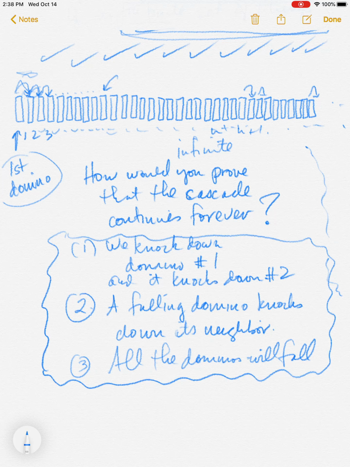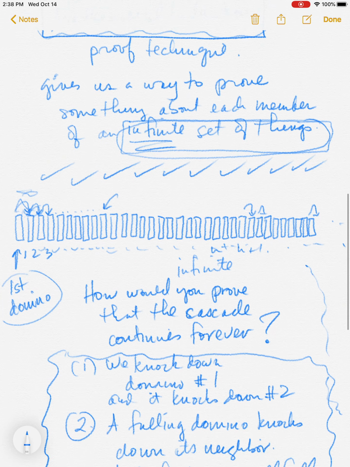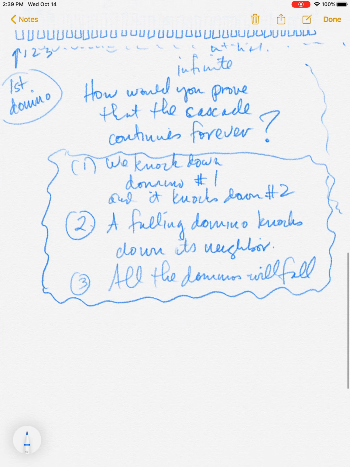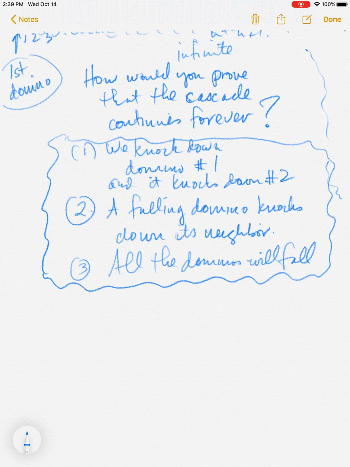Okay, and the components of a proof by mathematical induction, this technique that I'm talking about now, always has certain parts. Every proof by mathematical induction has 2 components and then the conclusion. The first component of any proof by mathematical induction is what's called the base case.